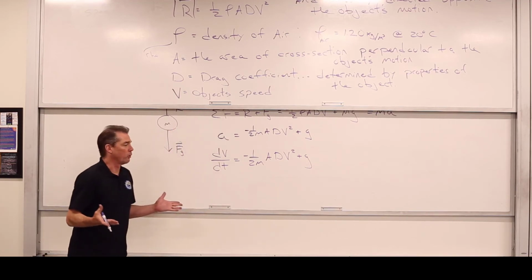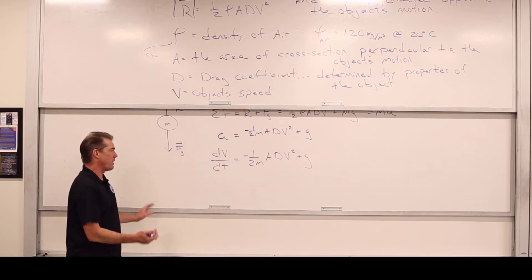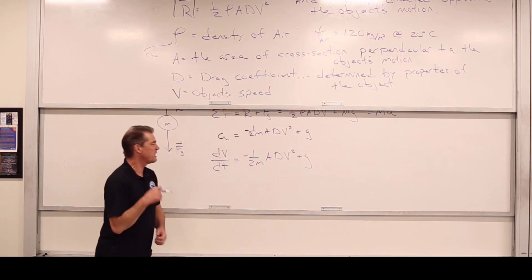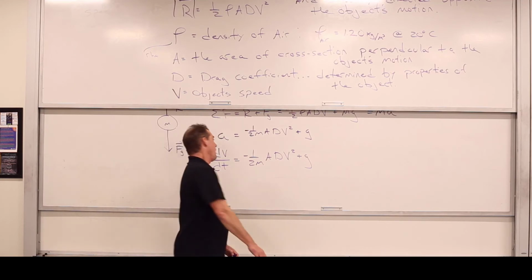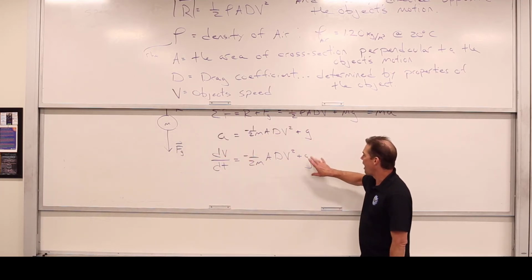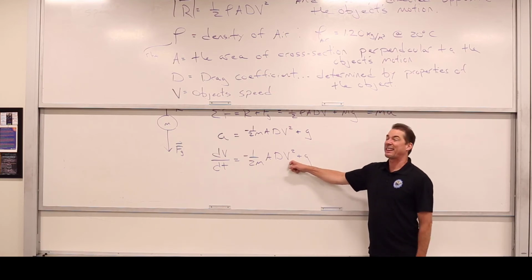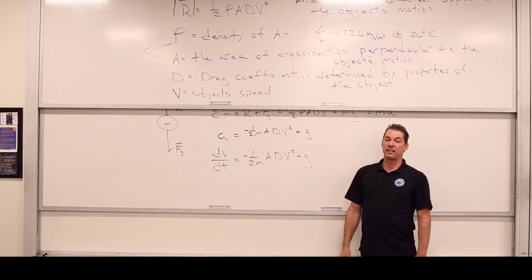So we get another differential equation that looks similar to what we had before, but there's one important factor here: the velocity is squared in this particular case. Now we're trying to find a function whose derivative gives back some constants and that function squared. That ends up being not the easiest thing to solve.